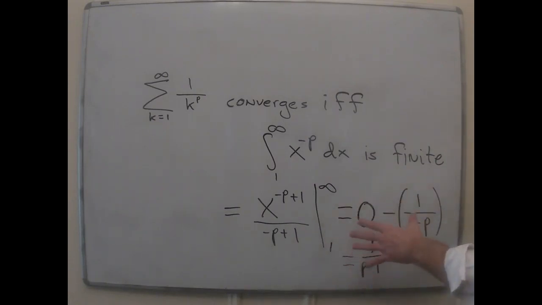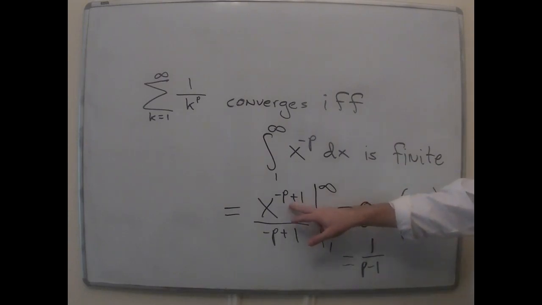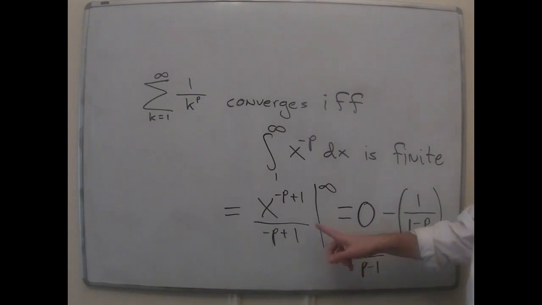So this thing blows up for different reasons, right? When p is less than 1, it blows up because the upper limit is infinite. When p is equal to 1, it blows up because the denominator there is 0. But when p is greater than 1, it's all golden.